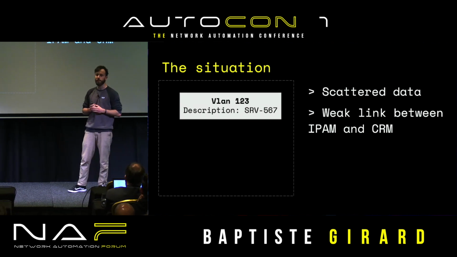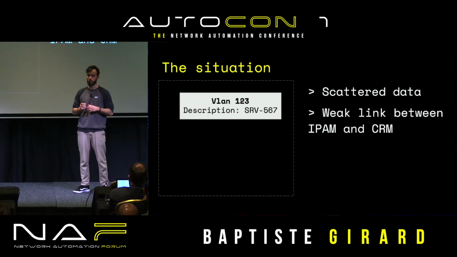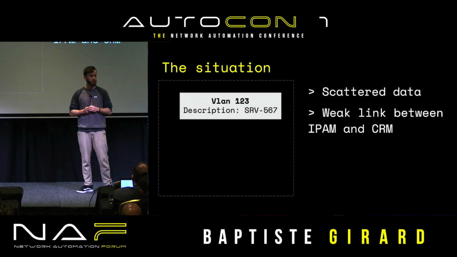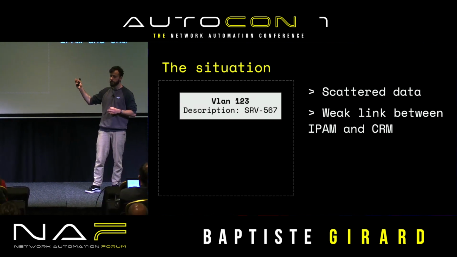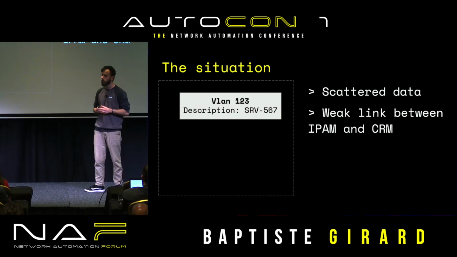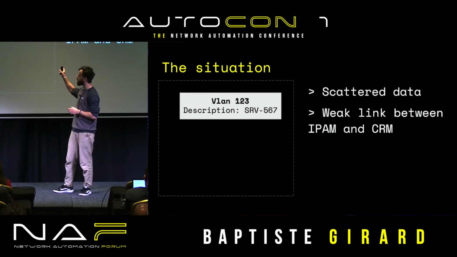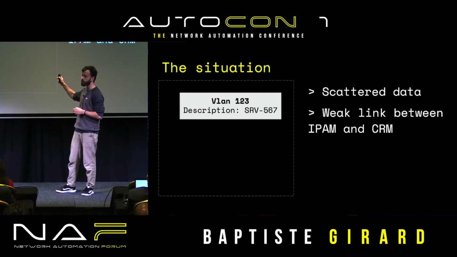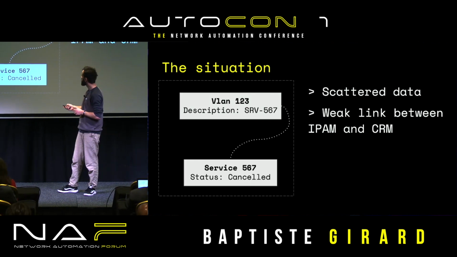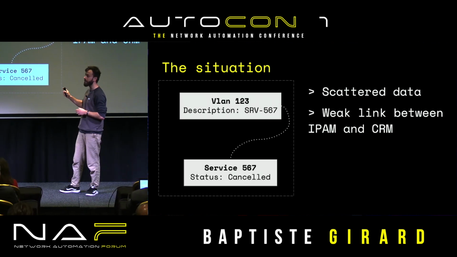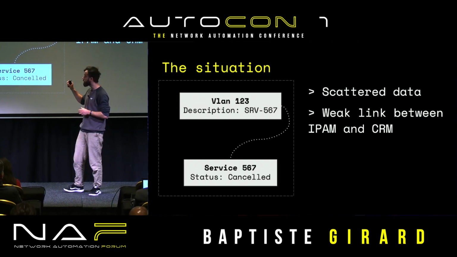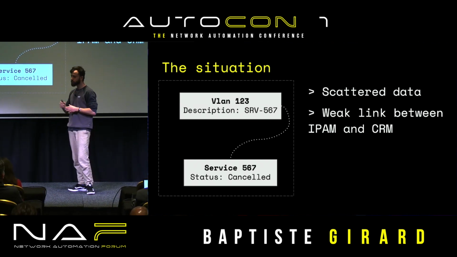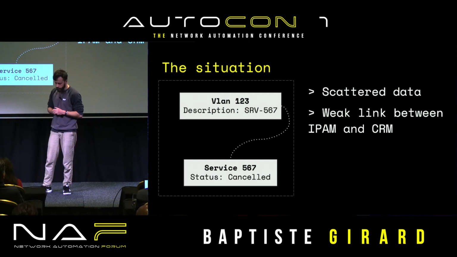It was a fully manual operation for delivery people to browse through the IPAM system, try to find the right VLAN, create the VLAN object, and drop the service reference directly into the description. That's what I would call a weak link between IPAM and CRM, as it only relies on this free text field.